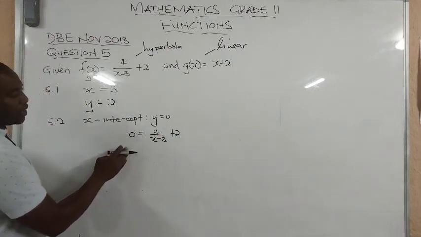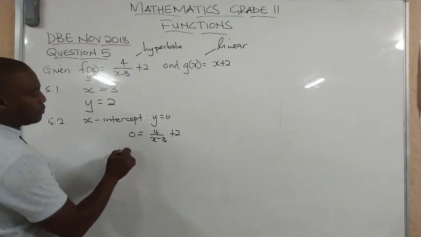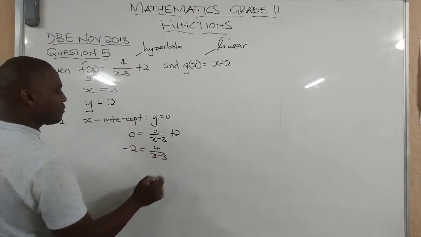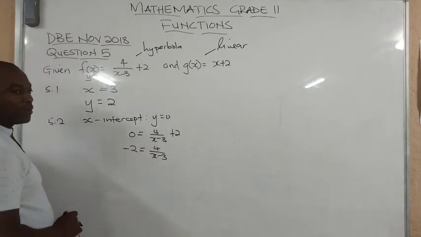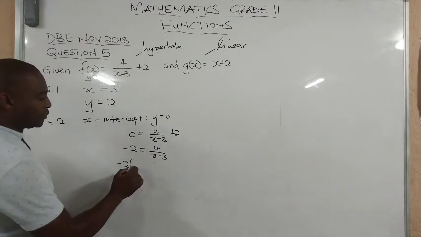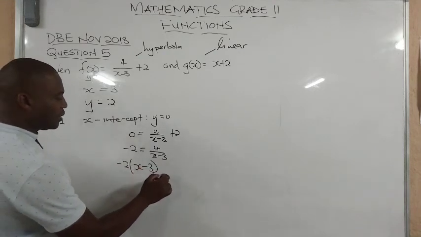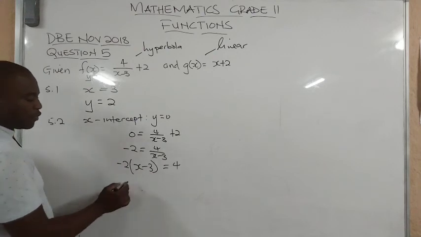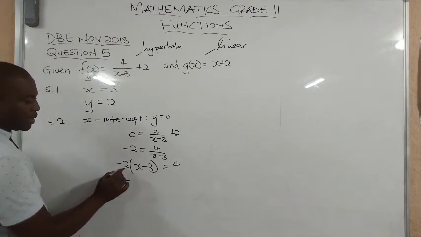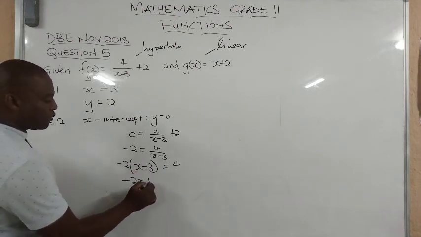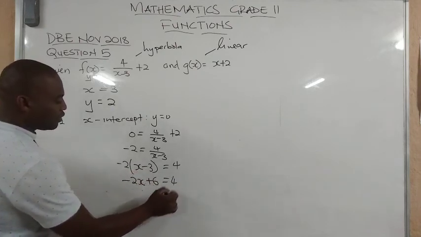So here we transpose positive 2, it becomes negative 2 is equal to 4 over x minus 3. Then we multiply throughout to get rid of the denominator, that is negative 2 into x minus 3 is equal to 4. Removing brackets, just be careful that you remove correctly. Negative 2 by x is negative 2x. Negative 2 by negative 3 is positive 6, which is equal to 4.